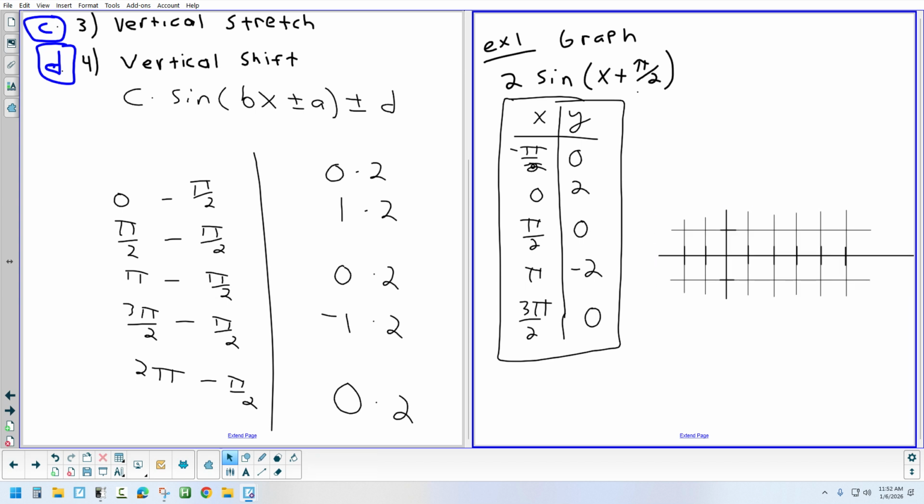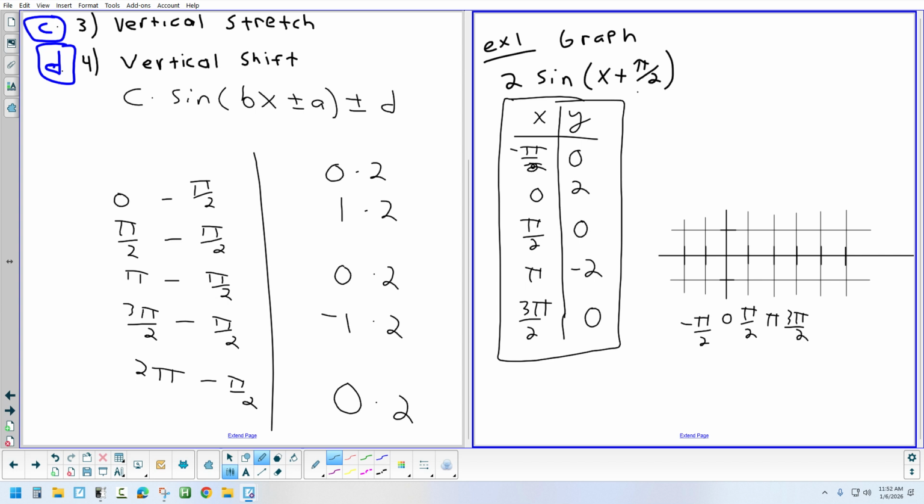Okay, so for the sketch, labels, you need 1 in the negative, and then everything else is 0 and up. So let's put negative pi over 2, 0, pi over 2, pi, 3 pi over 2.